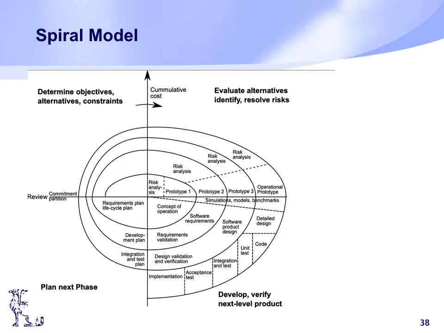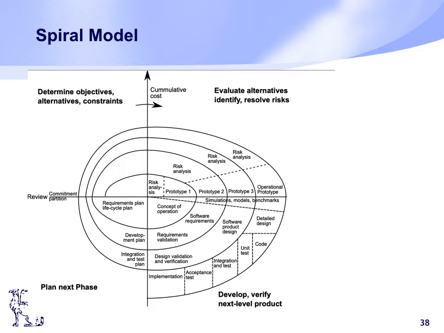So that means several spiral turns may be required in order to achieve the desired result, and in these several spiral turns you can use different models. You can accommodate any mixture of the models that we have discussed, like incremental model, evolutionary model, throwaway prototyping, waterfall model, iterative waterfall model.